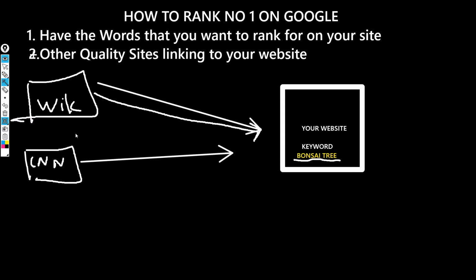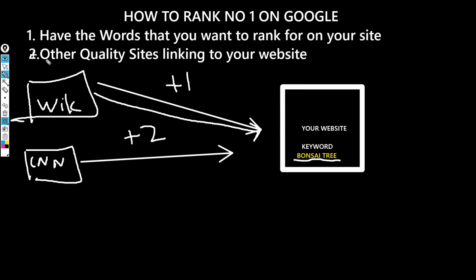On Wikipedia they say that if you want to learn more about bonsai tree, you need to look at your website. Or CNN says that there's a really good article on how to grow a bonsai tree, which means they are giving you points, plus 1 point depending on the website, plus 2 points. The higher authority the website is, the more points you get.